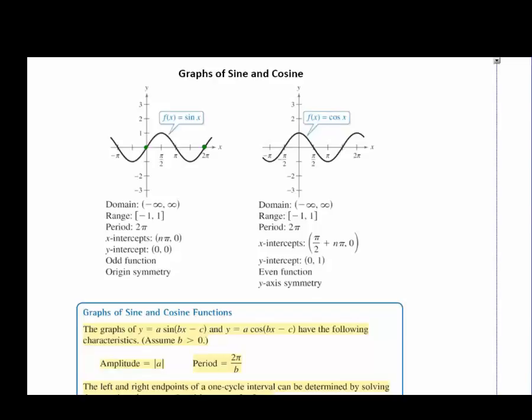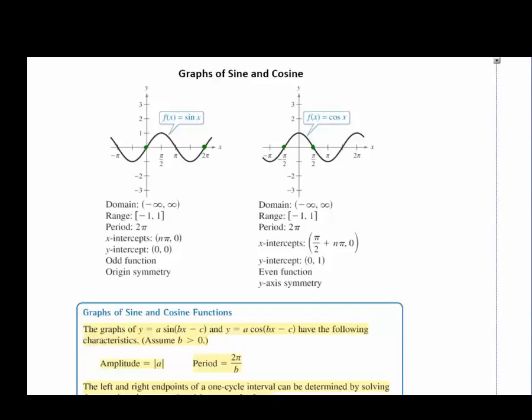Okay? And so our x-intercepts, here's where they become different. For the graph of sine, your x-intercept is every integer multiplied by pi. So 1 pi, 2 pi, 3 pi, 4 pi, 5 pi, -1 pi, -2 pi, and so on. That's where that graph is going to cross the x-axis. For cosine, we are crossing the x-axis at all of the pi over 2 plus n pi.